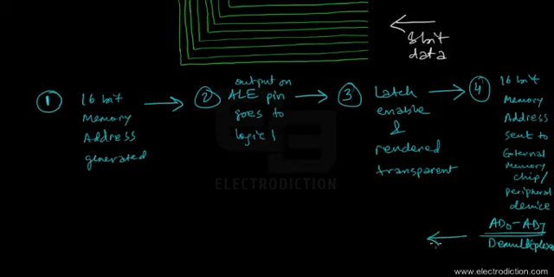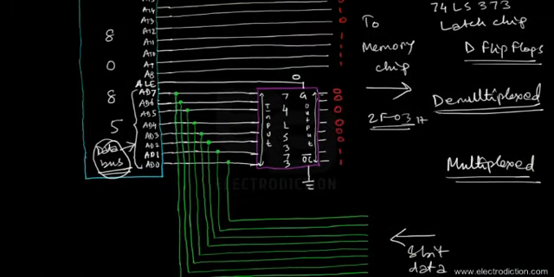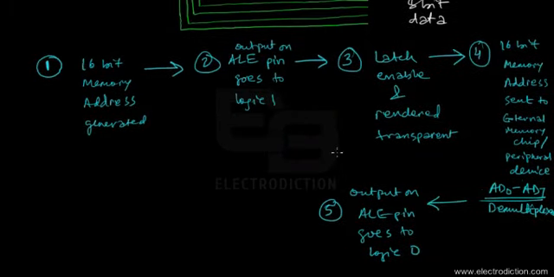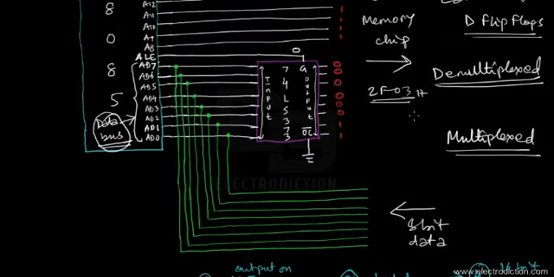Now this leads us to step number 5, where the output on the ALE pin goes to logic 0 after transmission of the data to the output of the latch chip. At this moment, the data at the output of the latch chip is latched, and the data is held over there. After this, we have steps 6 and 7, where the voltage level on the ALE pin goes to logic 0. The latch gets disabled, and finally the lower order address or data bus, that is AD0 to AD7, is now multiplexed.